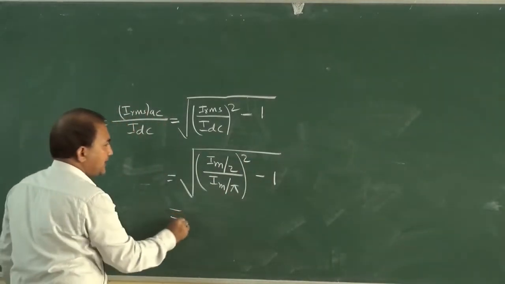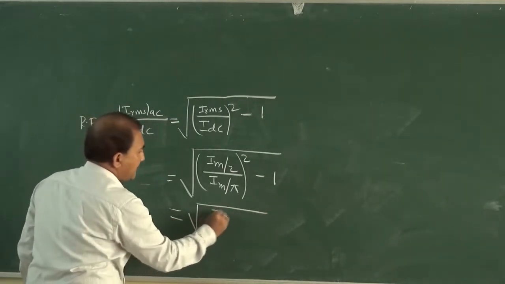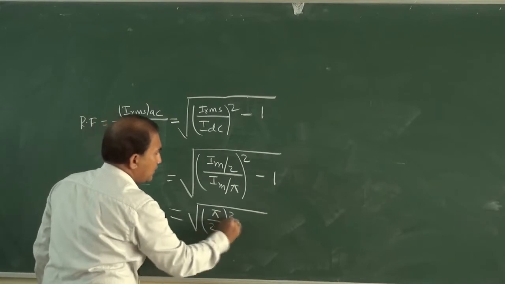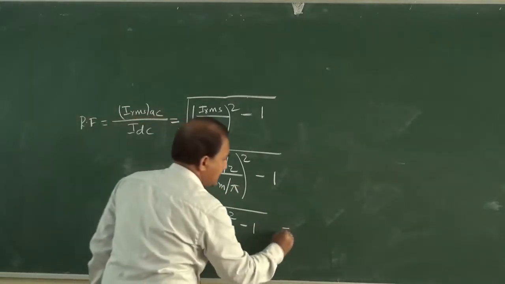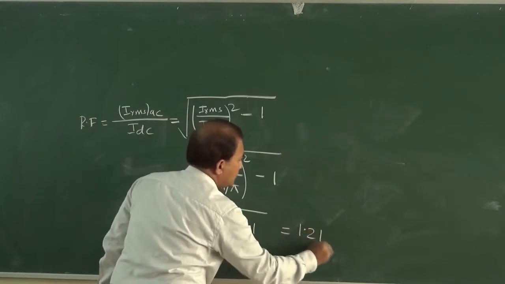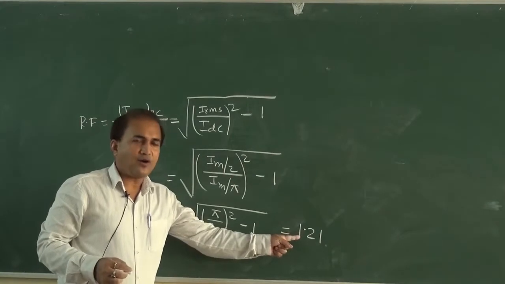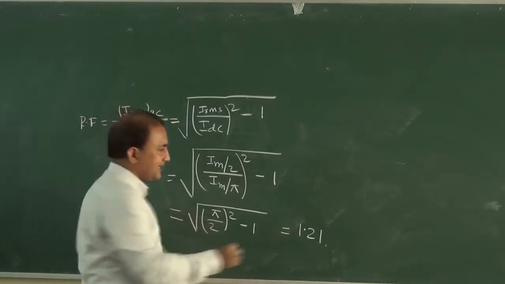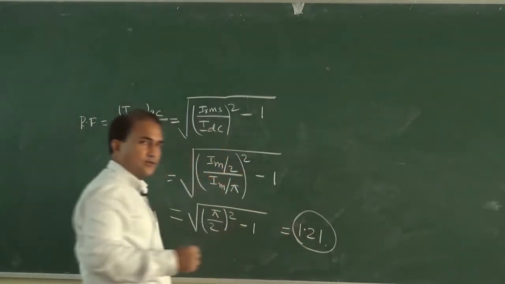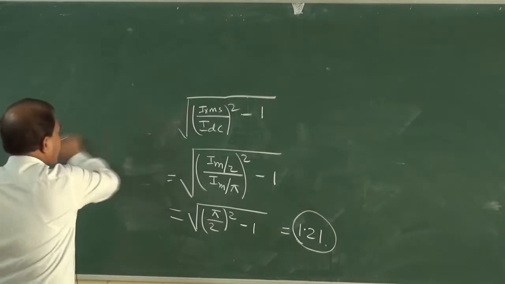So it is equal to the square root of pi by 2 whole square minus 1, which is equal to 1.21. So this is the value of ripple factor in case of a half wave rectifier circuit, that is 1.21. What does this signify?